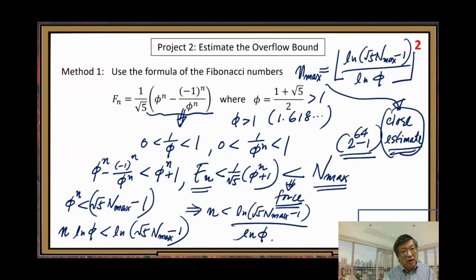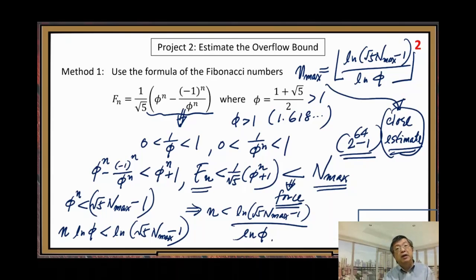But we have the second method, which will give a precise max upper bound. We use the next video to talk about method number 2. That's the experiment-based method, so it must be precise because we do experiments. This one is a formula-based method.